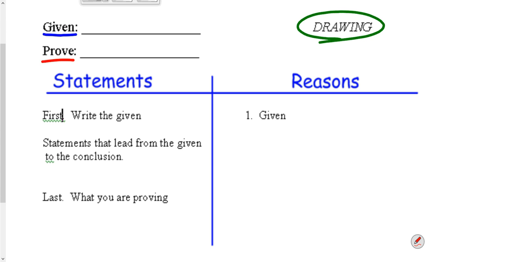Sometimes given can be in a little bit different order, or if they give us 2 or 3 given statements, we might not start off with both of those. There might be a given statement, then something else, then a given statement, and then keep going. But generally the given statements come first as our statements and reasons.